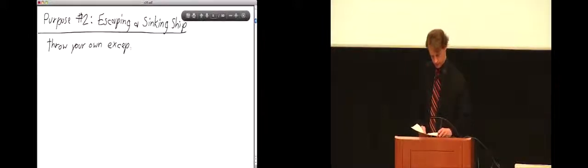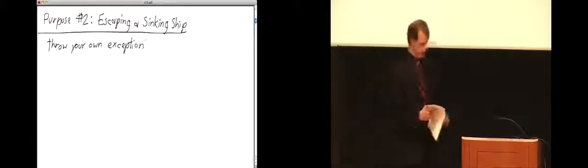And believe it or not, there are times when you might want to actually roll your own exception and throw your own exception, because exceptions are the easiest way to get out of a really complicated piece of code whose whole purpose has just been defeated.